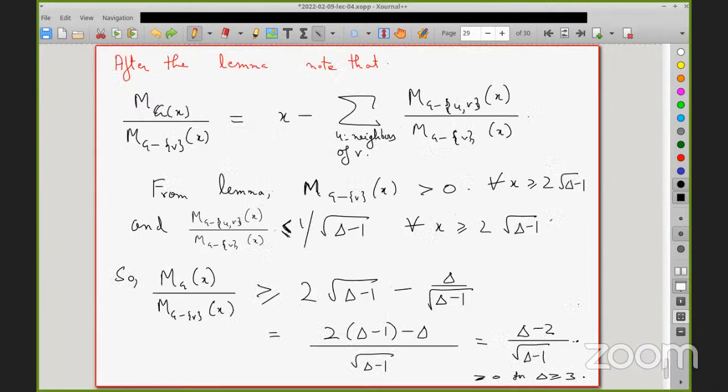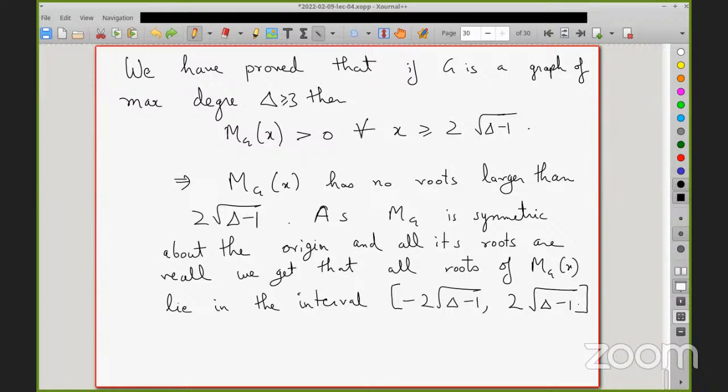In fact, the proof shows that greater than or equal to also. Okay. So, are there any questions about this? So we'll just stop with this.